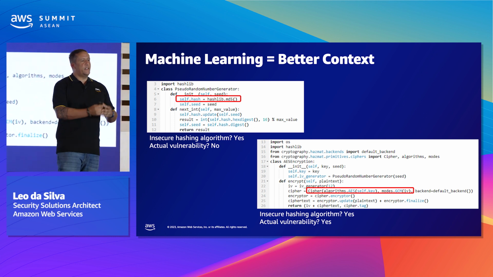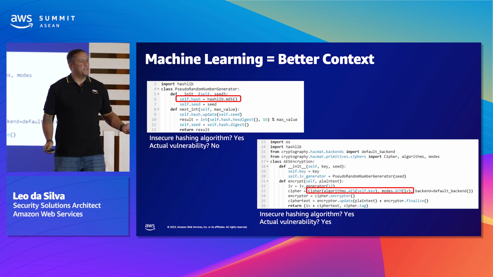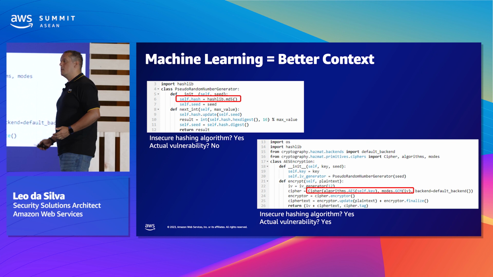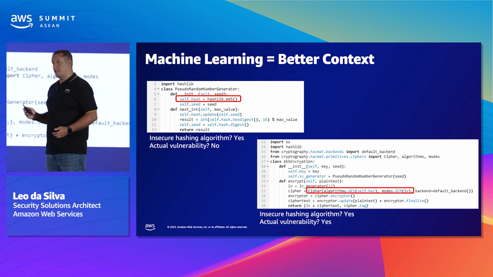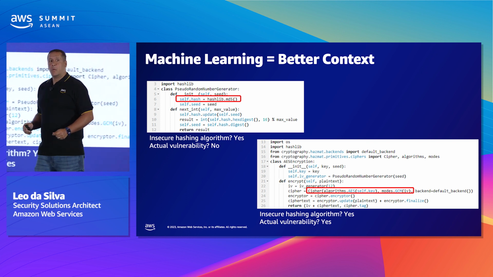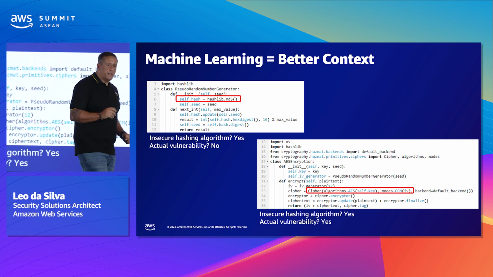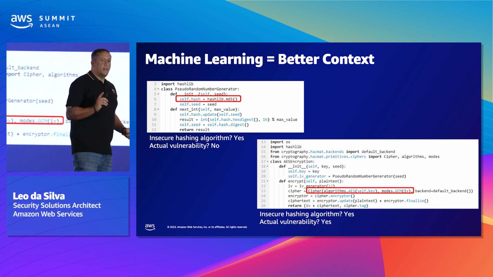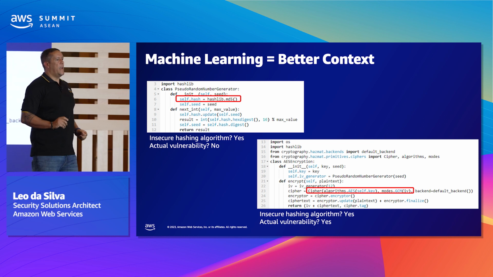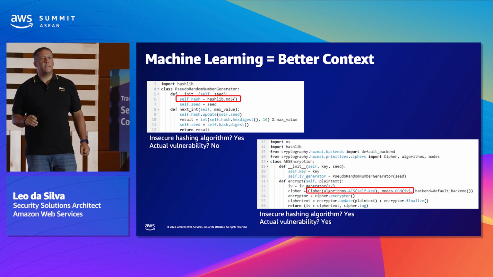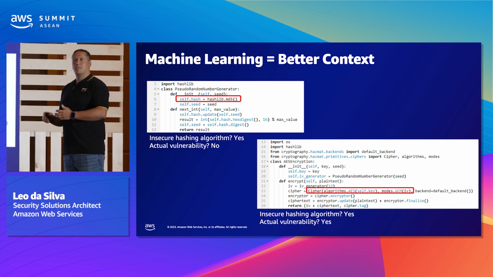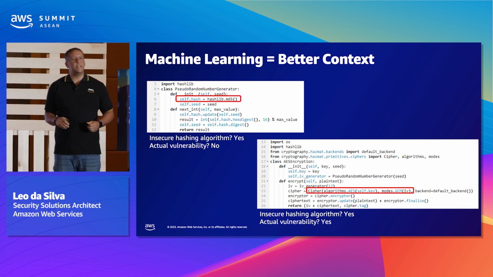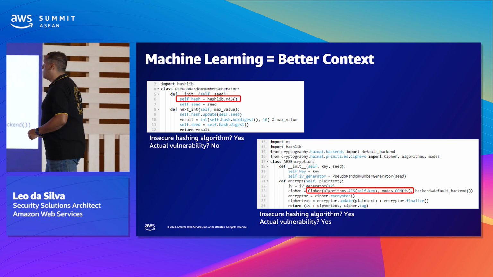I think in the greater scheme of things, you might have other priorities to fix first. So in this case, even though it's an insecure hashing algorithm, we don't say it's a real vulnerability to your app. But in the second case, we have an AES cipher that consumes MD5 as the hashing algorithm as part of the cipher for encryption.